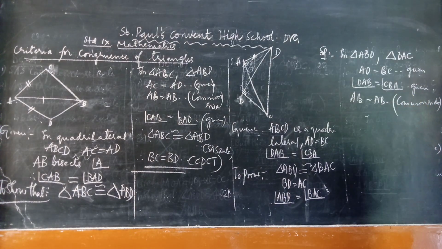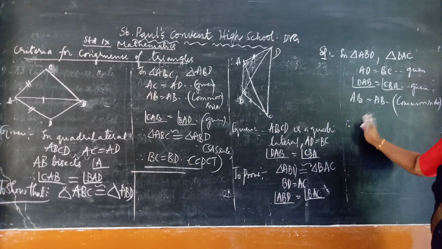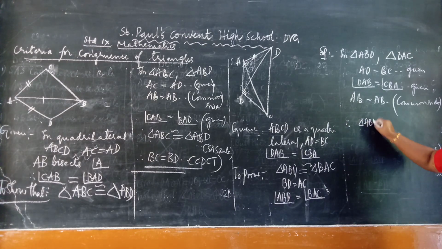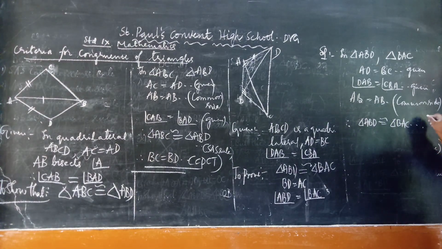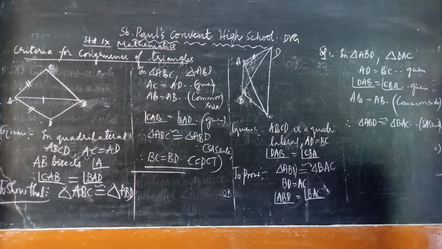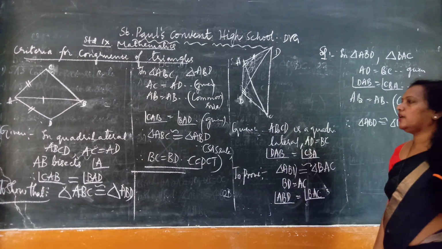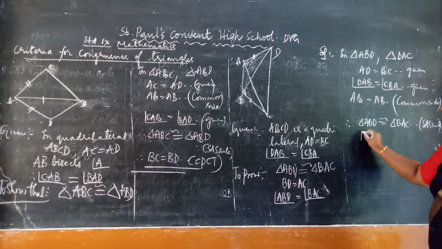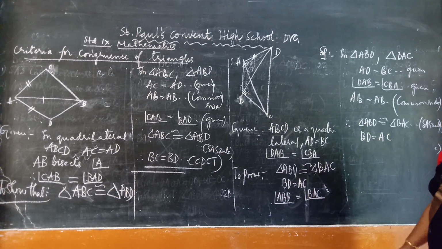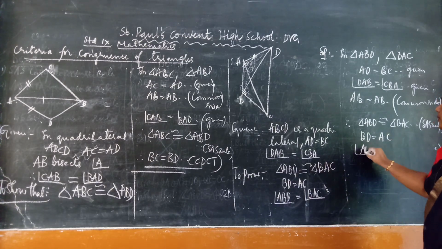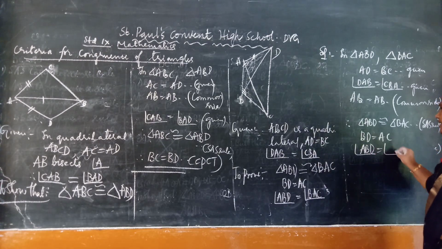Therefore, you can write triangle ABD is congruent to triangle BAC by which rule? That is the SAS rule. Once you see that two triangles are congruent, corresponding parts will be equal, that is BD is equal to AC, angle ABD is equal to angle BAC.